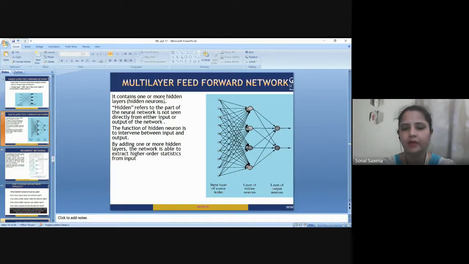Now, by adding one or more hidden layers, the network is able to extract higher order statistics from the input. So, this type of neural network is applied extensively in speech recognition and machine translation technologies.